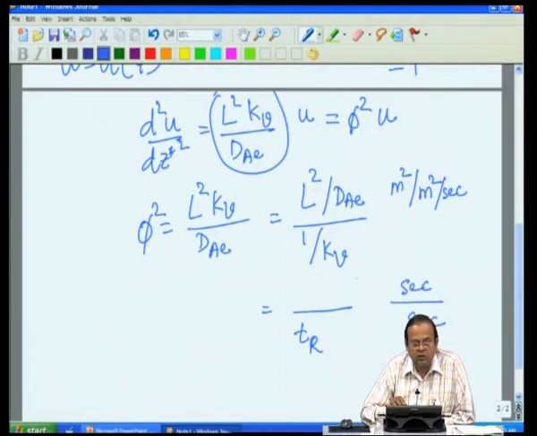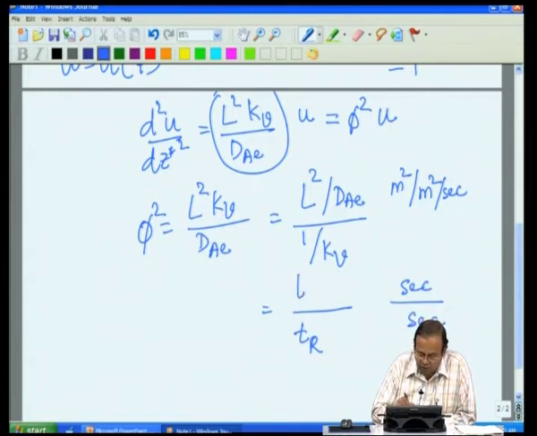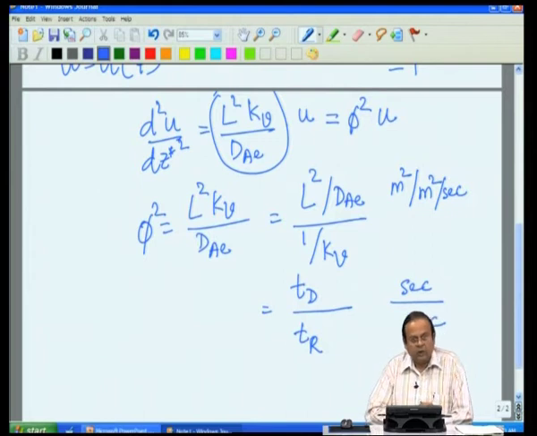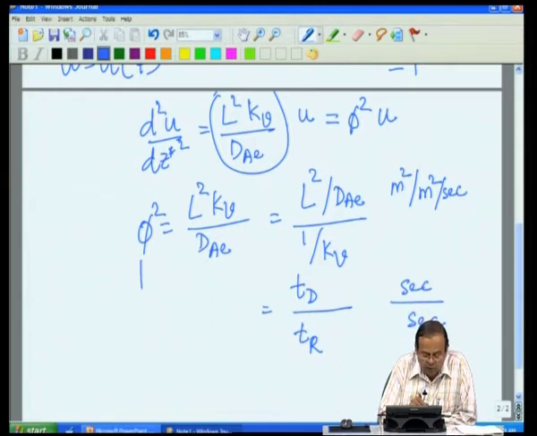By the same analogy, L square by dAe, where L is the diffusion length, is the characteristic time for diffusion. What does it mean?